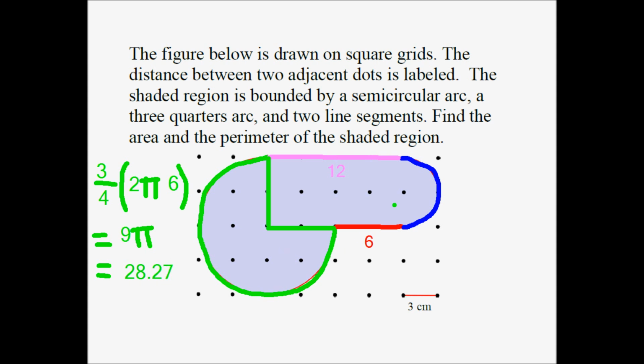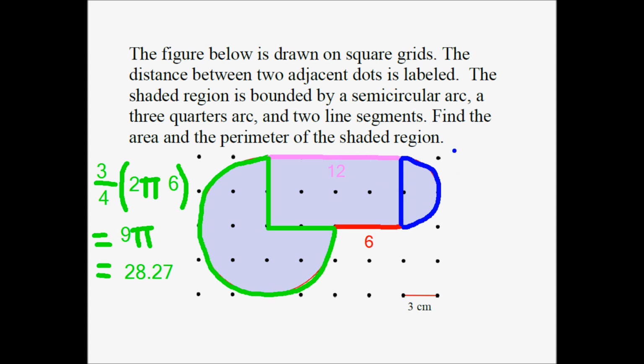In a similar manner, we're going to find the length of this blue semicircular arc. And how do we do that? Well, this is a semicircle with a radius of 3. It's the diameter, the radius is 3.